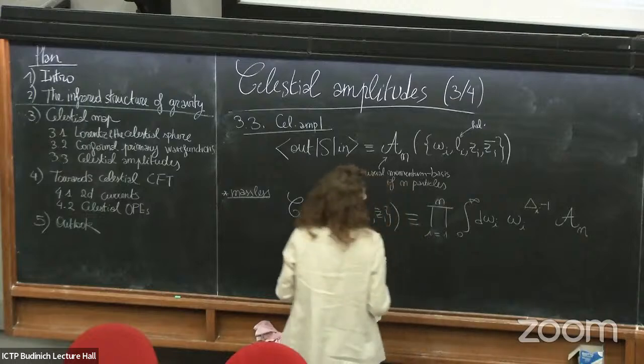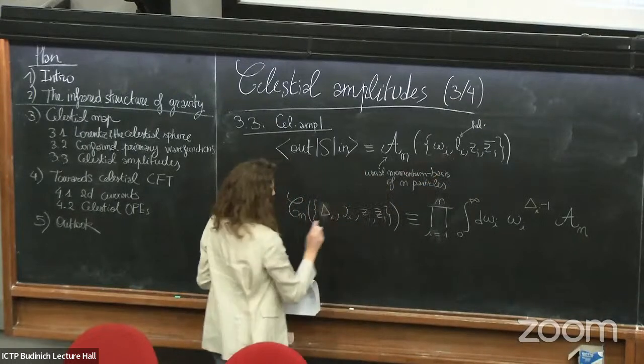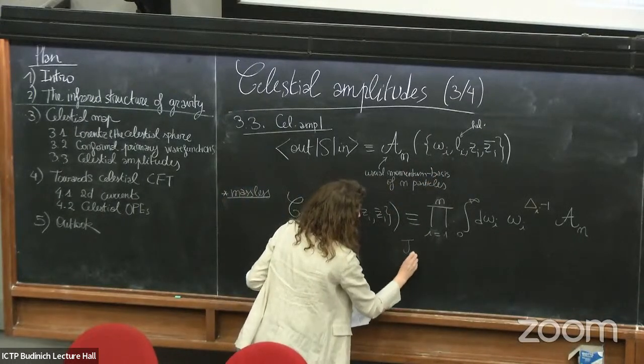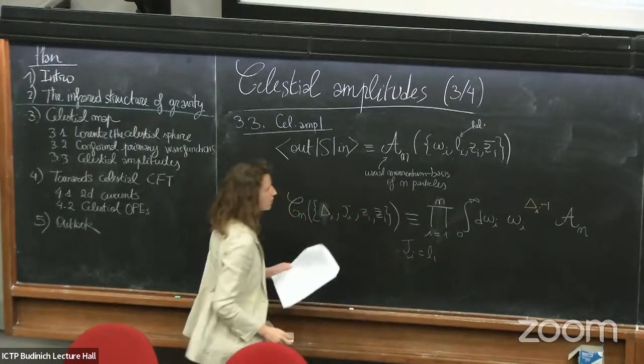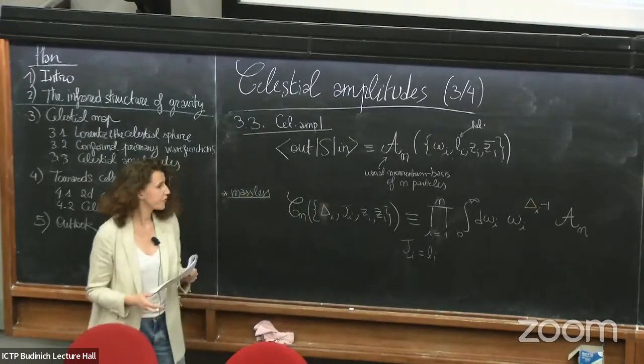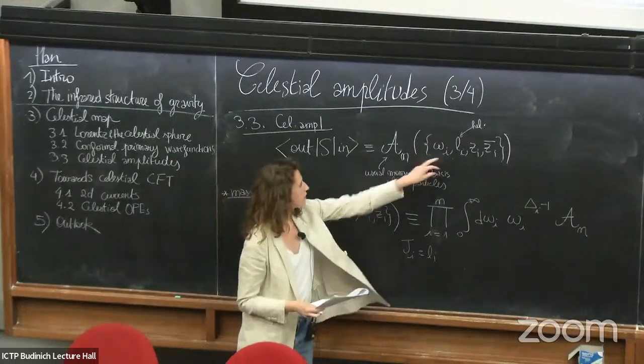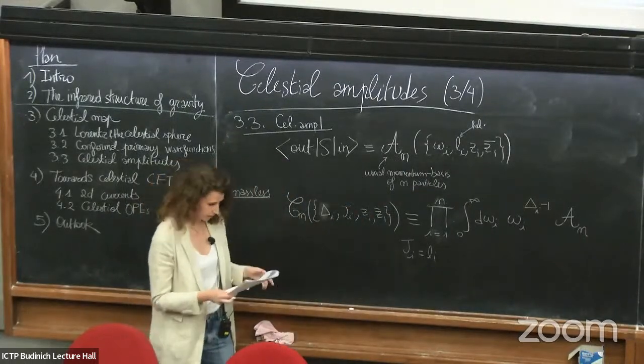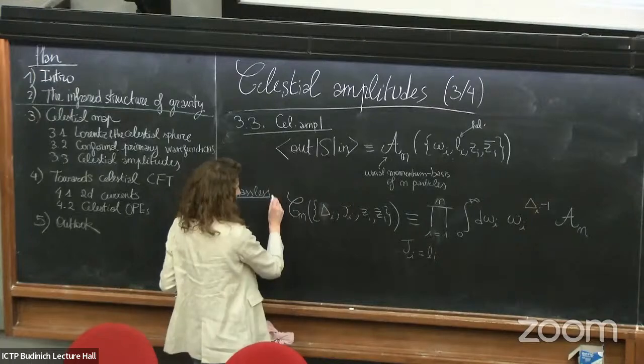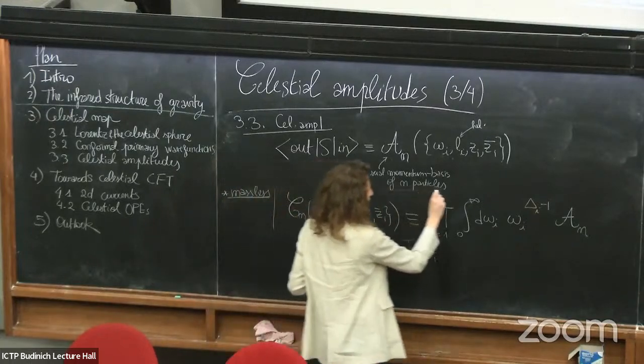Here the identification between the l and the J is just the identification between the helicity and the spin, as I have mentioned before, and we trade the energy for this delta. And this is the definition of a celestial amplitude.